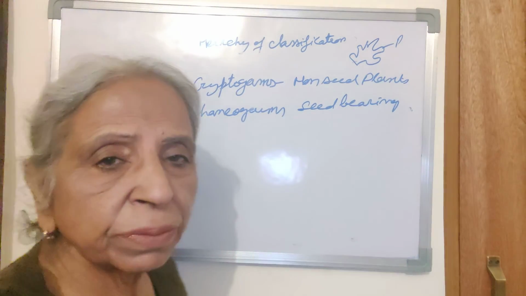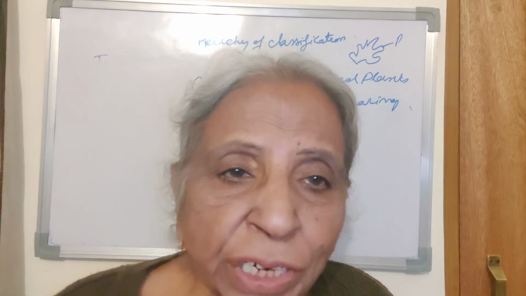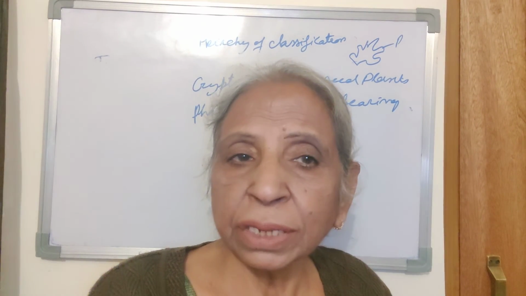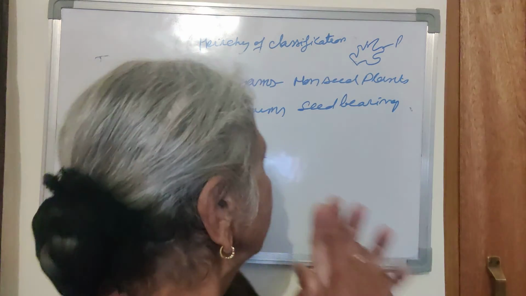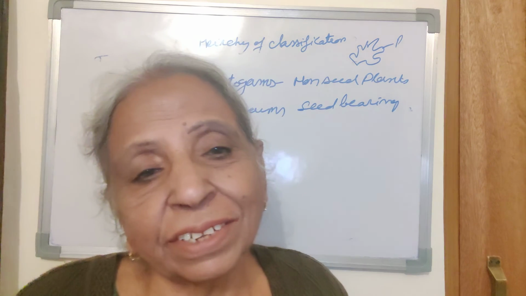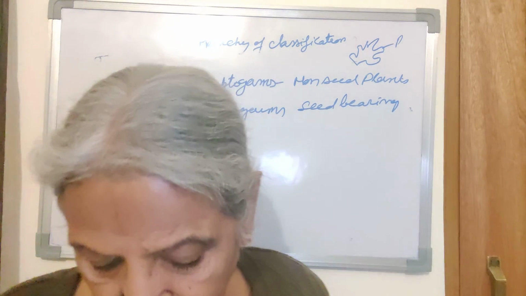So what are cryptogams? Thallophyta, Bryophyta, Pteridophyta, they are all cryptogams because they don't produce seeds. Gymnosperms and Angiosperms are seed-bearing, they are called phanerogams.